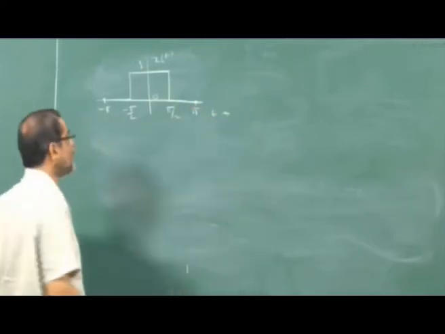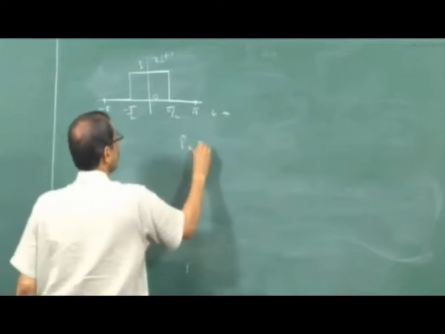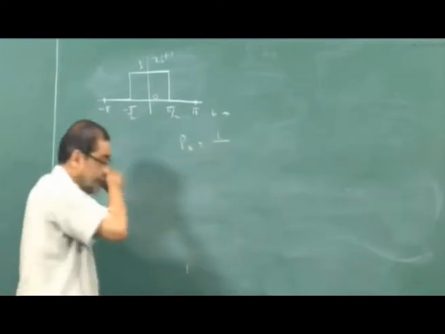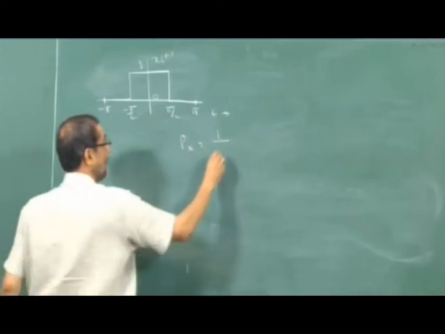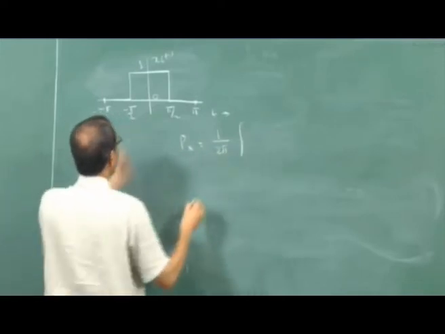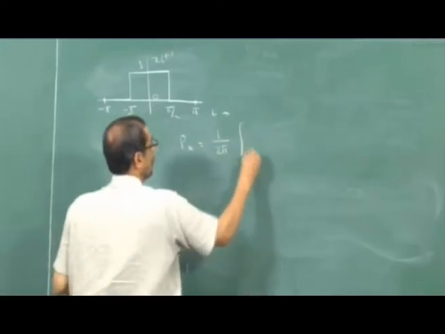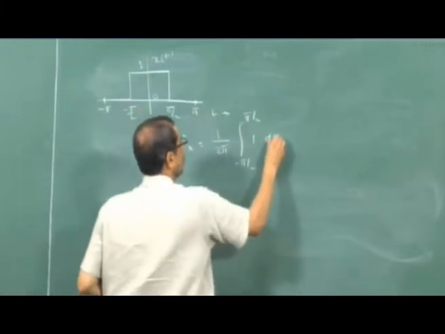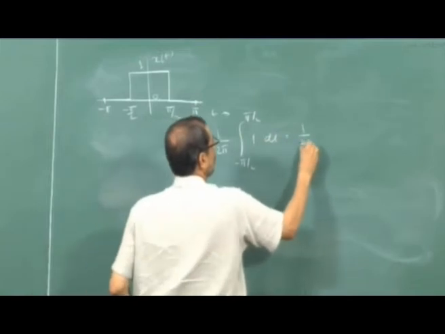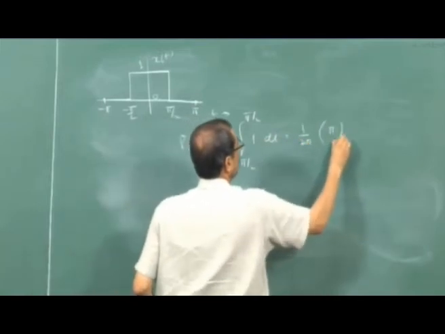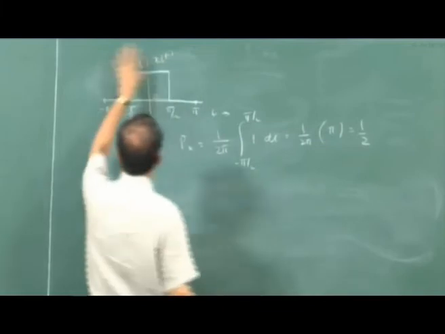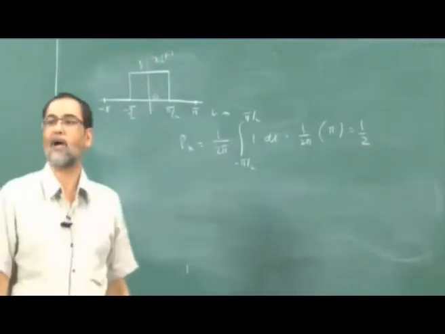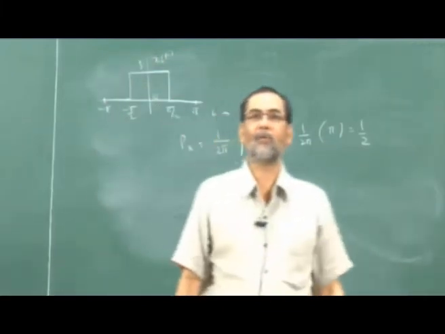So the power of x is 1 by T naught, which is 2 pi, times the integral from minus pi by 2 to plus pi by 2 of x squared, which is 1, dt. So it is 1 by 2 pi into pi, so it is half. So this signal has power equal to half.